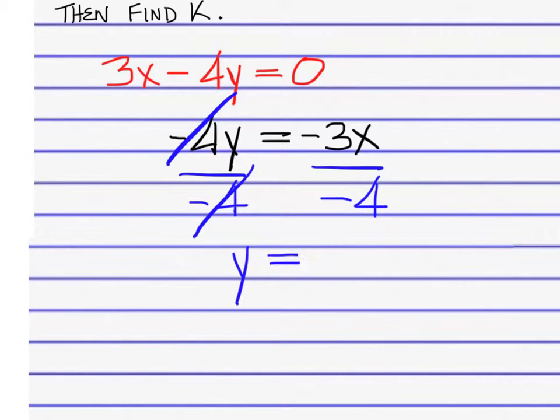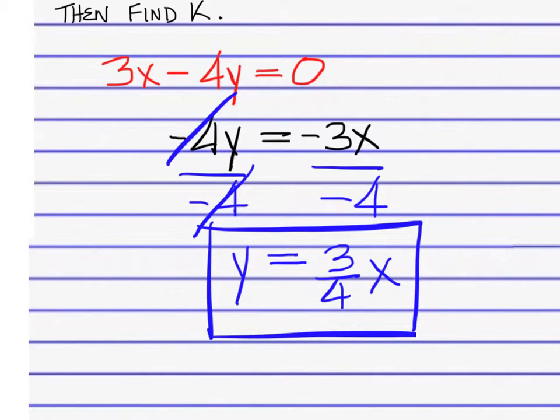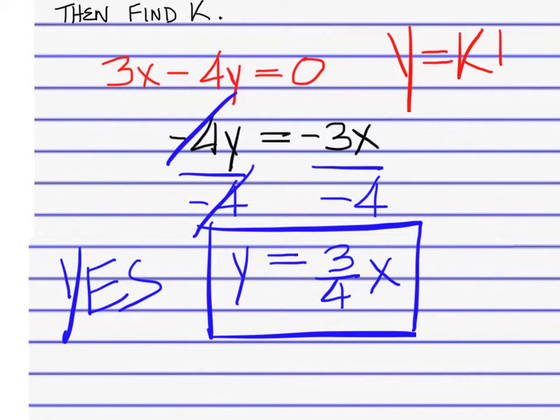And I have y equals double negative, so that becomes 3/4 x. Is this a direct variation? Yes. It is a direct variation. And what is k, the constant of variation? The general form is y equals kx. 3/4 is right. K equals 3/4.